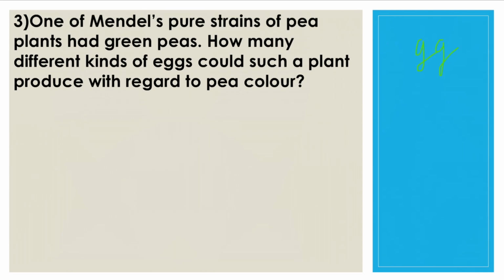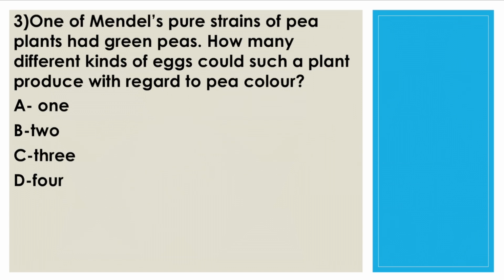So when it forms egg or pollen, it will have only one kind of egg or pollen, that is this. How many different kinds of eggs could such a plant produce with regard to pea color? It can produce only one type. 1, 2, 3, 4. The answer must be 1.